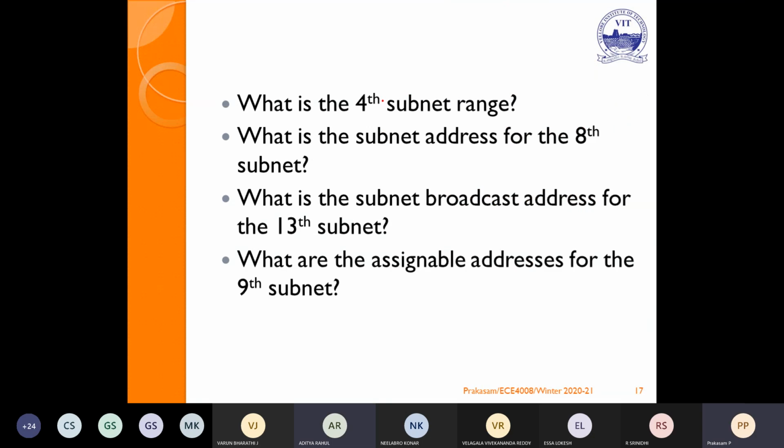Now, the fourth subnet range, I think we have seen in the last class. Convert this into binary.